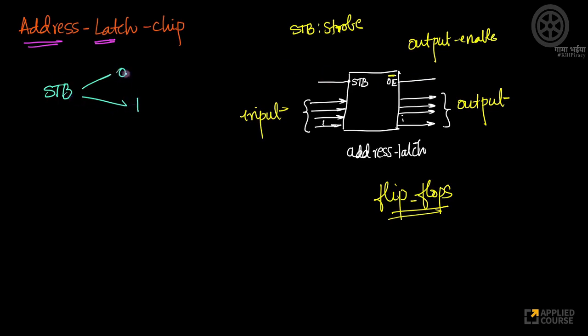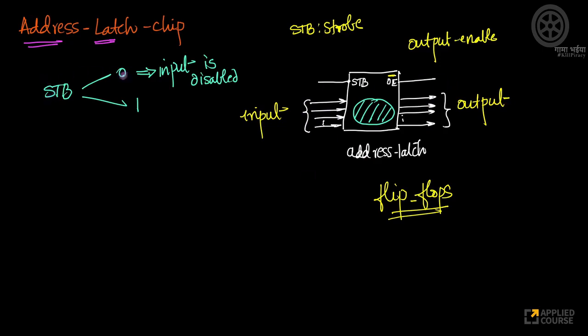When the strobe pin is 0, the input lines are disabled. This implies that input is disabled, so I do not read whatever is the input here. What this address latch literally does is read the data from the input, store it internally using a bunch of flip-flops, and whenever I want, send it through the output.